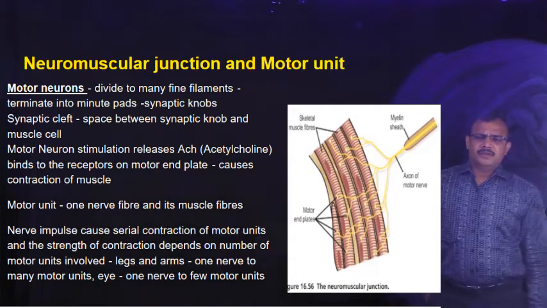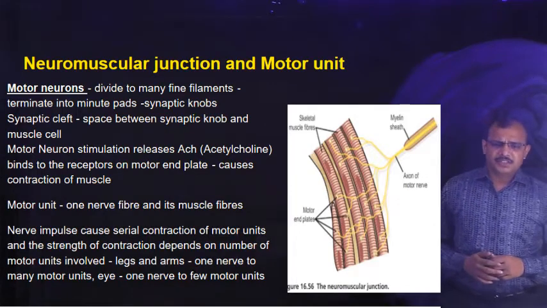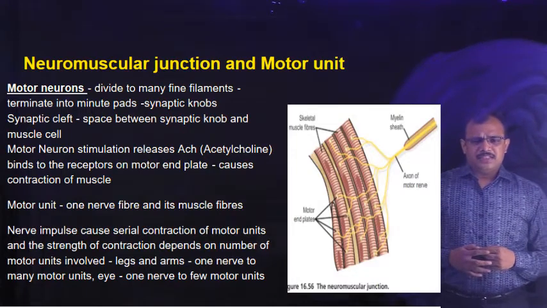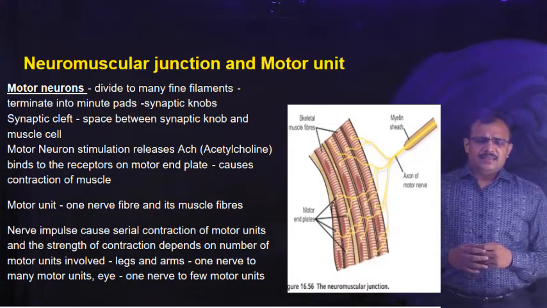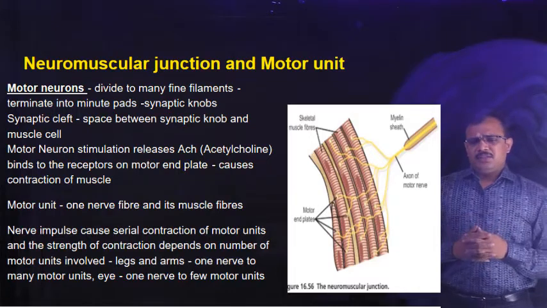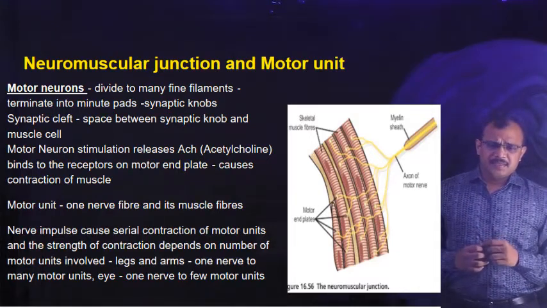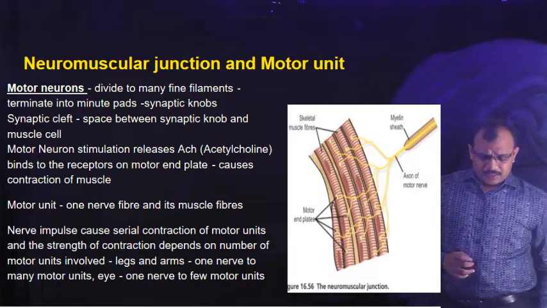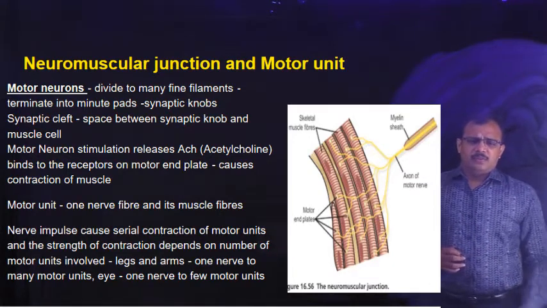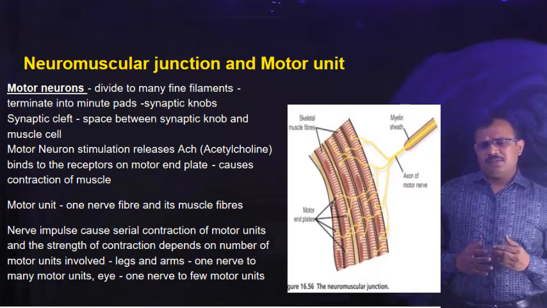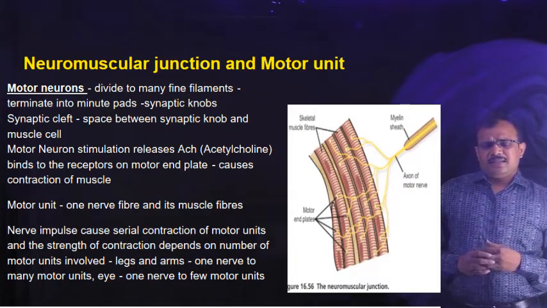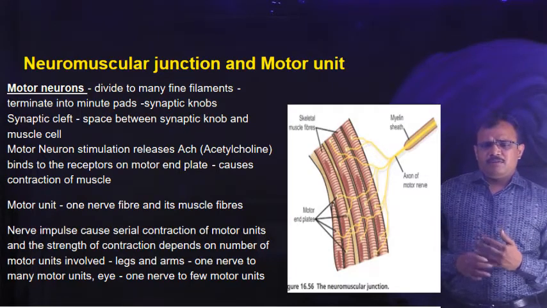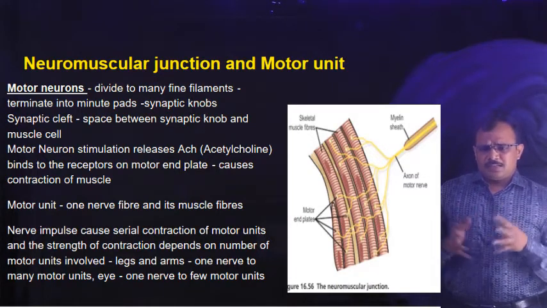Next we will see what a neuromuscular junction is and what a motor unit is. The junction between the nerve and muscle is called the neuromuscular junction. Generally we have seen that somatic nerves are the nerves which are supplied to the skeletal muscle, and this somatic nerve ending consists of many axonal terminals.